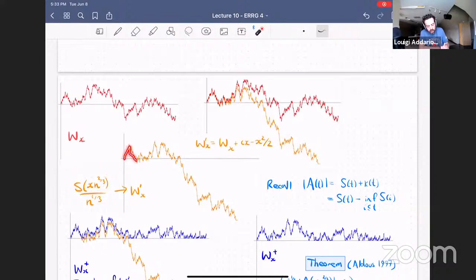S was an exploration process of a sequence of components. Each time S hits a new running minimum, it has finished exploring a component. There's one here, one here, one here, then some biggish component being explored there, and so on. This negative drift is going to make those component explorations smaller and smaller, which corresponds to the fact that as the exploration goes on, the graph gets more and more subcritical.